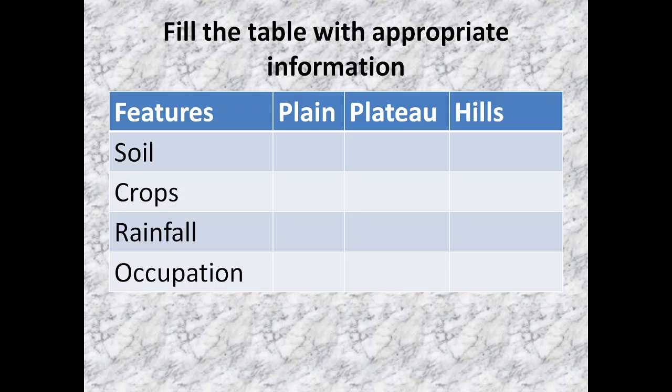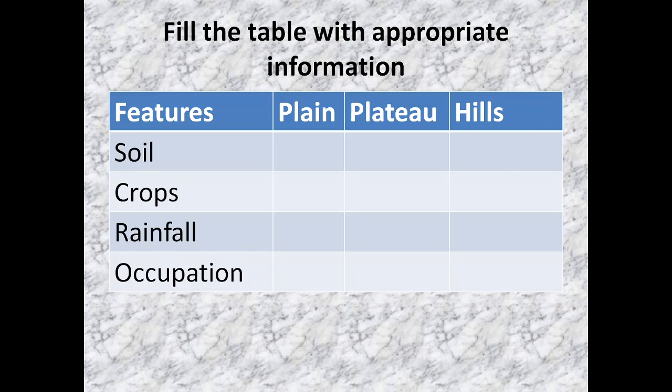And you can also give a table to collect information from the students in order to develop their information skills. Features are given and they are requested to fill the table under the columns plain, plateau and hills. The features are soil, crops, rainfall, occupation. So they need to consult any textbook or any other source to fill this table.